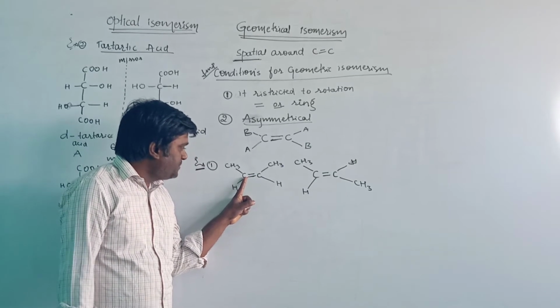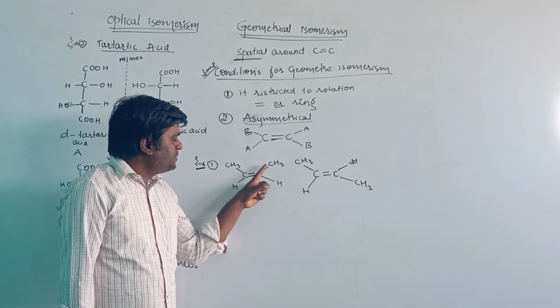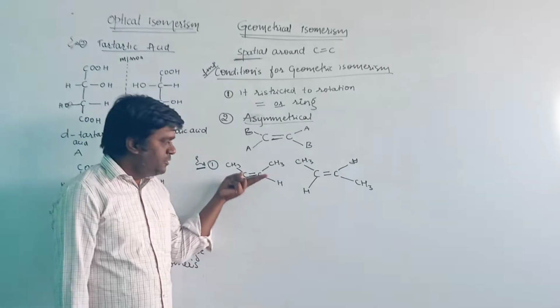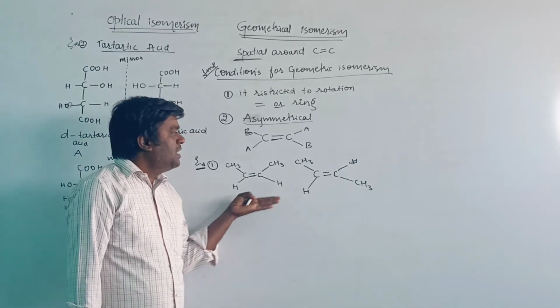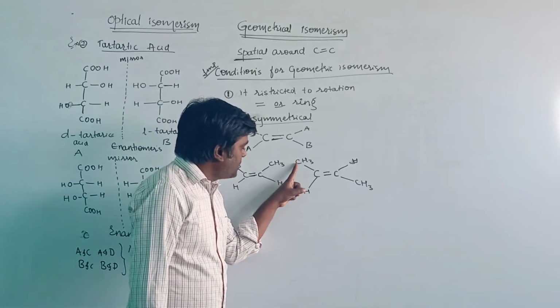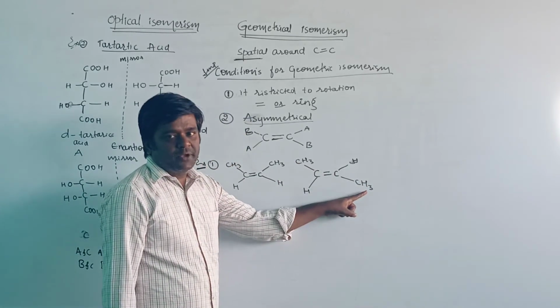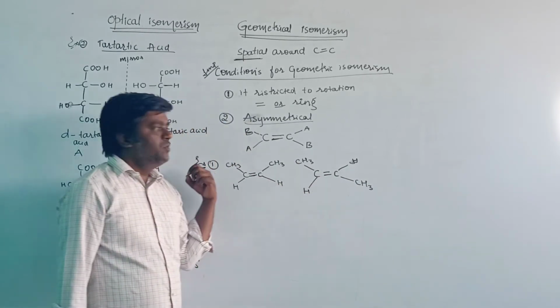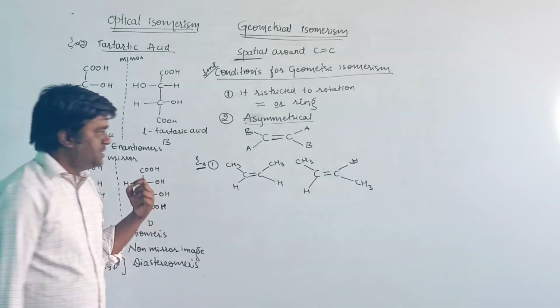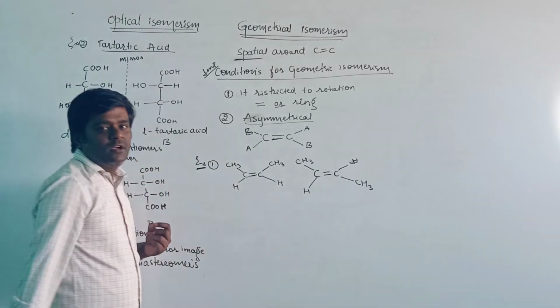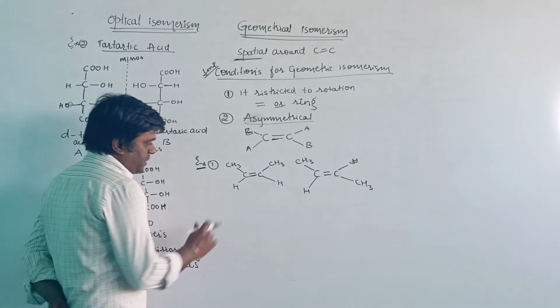In this compound, the CH3 groups are on one side and hydrogens are on one side. Here, the same groups are on the opposite side. Such compounds are known as geometrical isomers, and that phenomenon is known as geometrical isomerism.